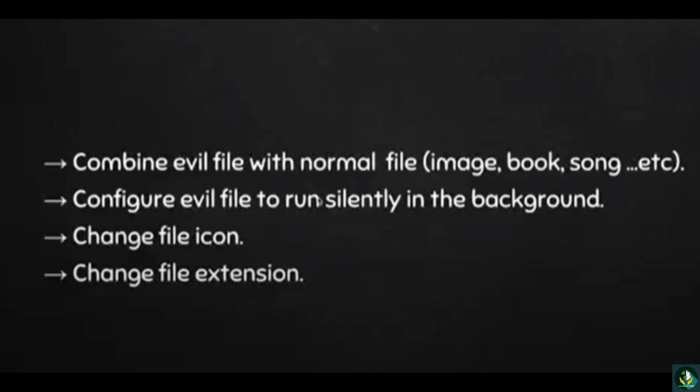We make a Trojan horse on the web. First, combine the evil file with a normal file. It can be an image, book, song or anything. Then configure the evil file to run silently in the background, then change the file icon, and last, change the file extension. So watch the video carefully, guys. I'll show you step by step.